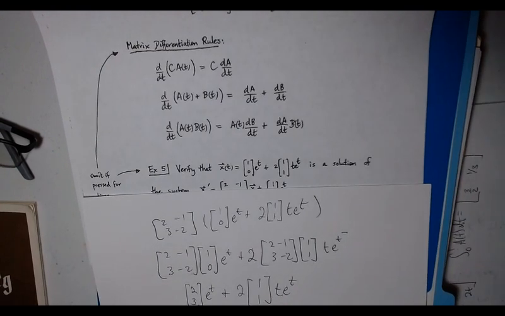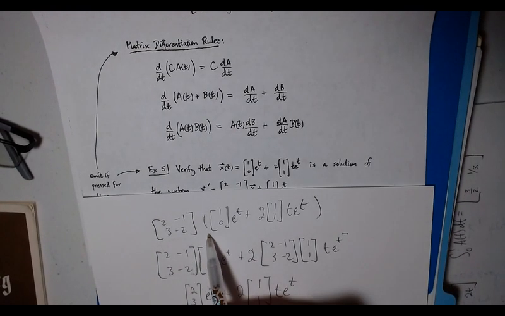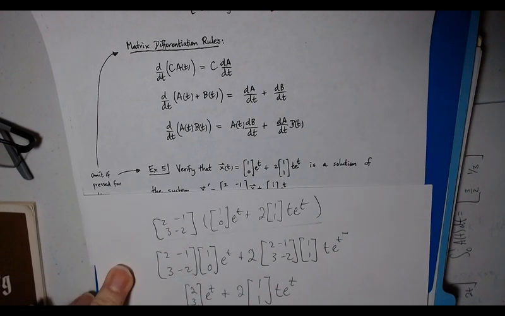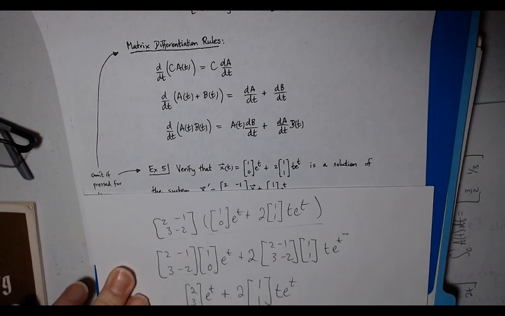And on the other hand, we know that this matrix times x is equal to that. So let's see what we have here. If I add this up, that's 1 plus 2 times 1, that's 3, and 0 plus 2 times 1 is 2, so [3; 2] e to the t plus 2 [1; 1] t e to the t.